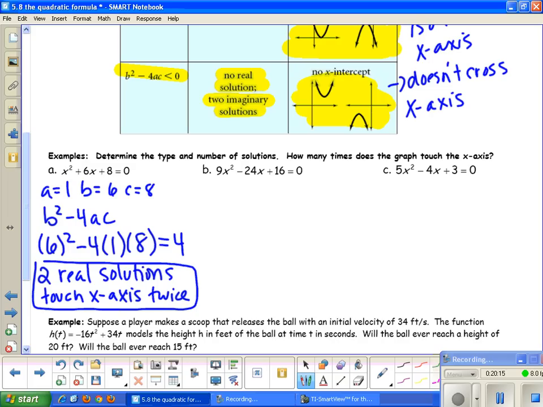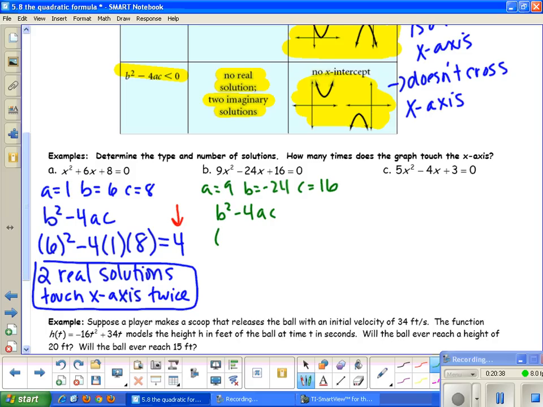So if I go over here to B, same thing. My A is 9, my B is negative 24, and my C is 16. And again, if I wasn't in standard form, I would make sure to put my equation in standard form. So b squared minus 4ac gives us our discriminant. And I should have said that this was the discriminant right here, 4 for the last one.